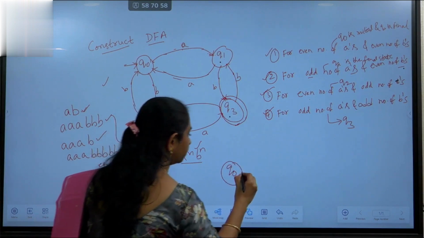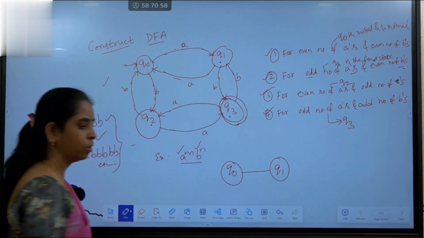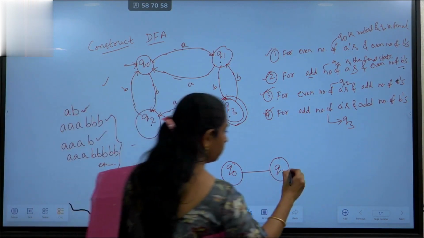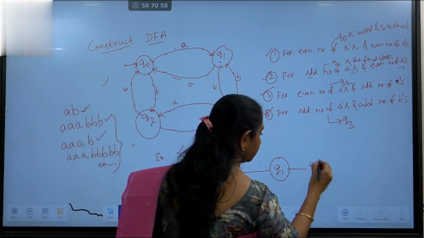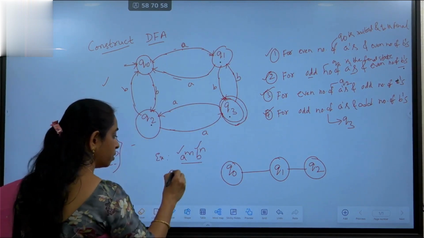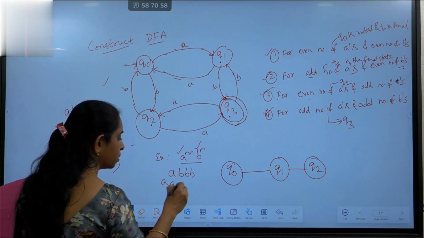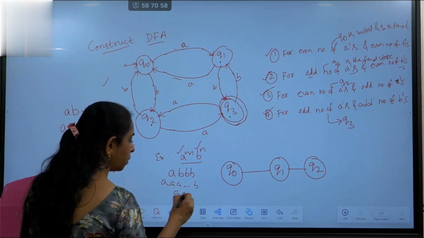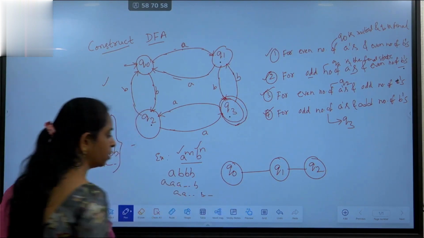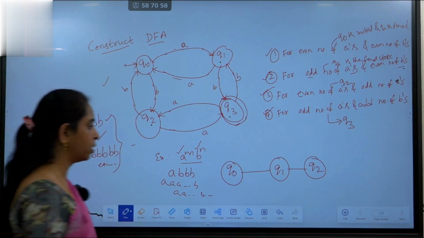Q0, Q1, and next again Q2. Any number of A's means a single A or many A's, then a single B or many B's. So these are the strings. Based on this we have to construct.